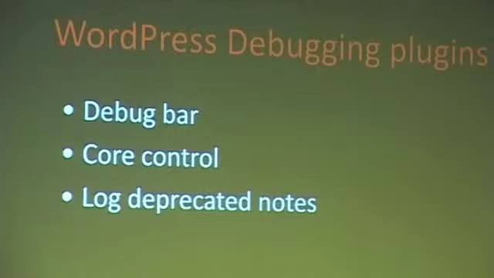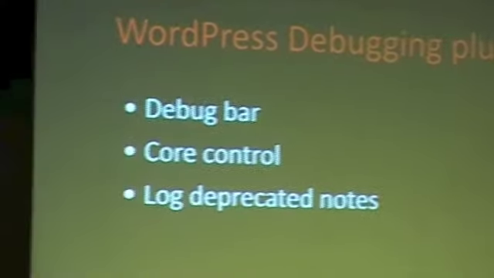And there are some WordPress plugins which are built for development. The very popular one is called Debug Bar, where you get a bar in your WordPress site. You can click that and see what active cron jobs are there, what queries are executed, and what information is there in the cache. And there is one called Core Control.